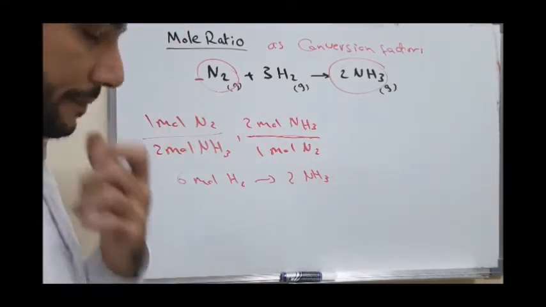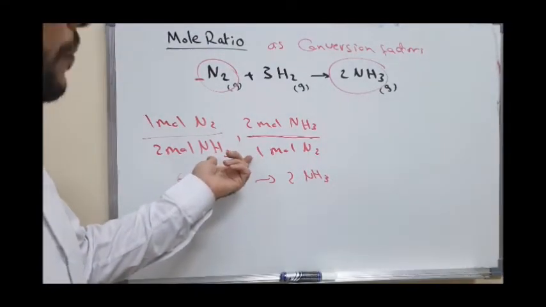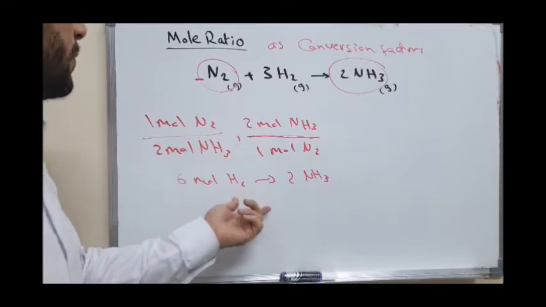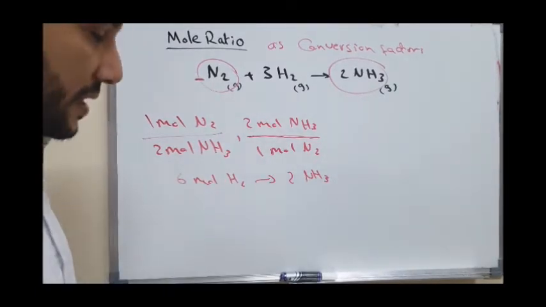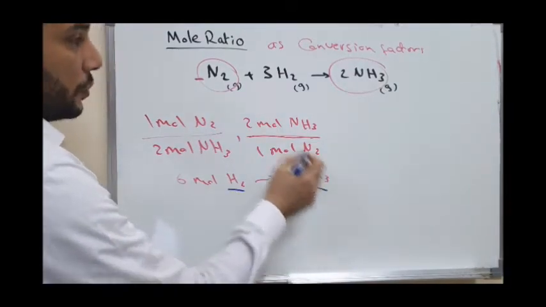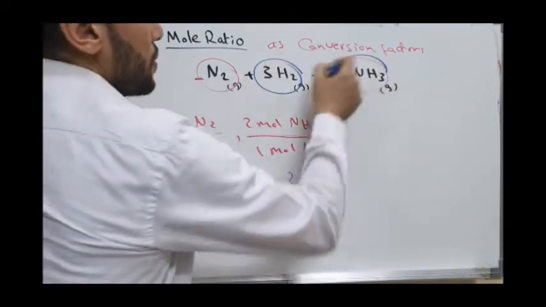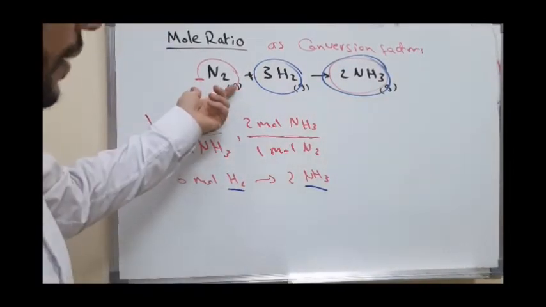In this case, it is different from the first case we solved before. The substances we will focus on this time are hydrogen and ammonia. So we will focus on just those two substances and we will ignore nitrogen.